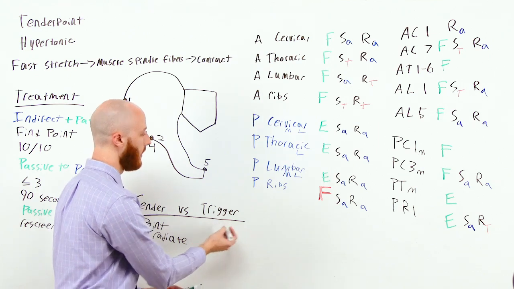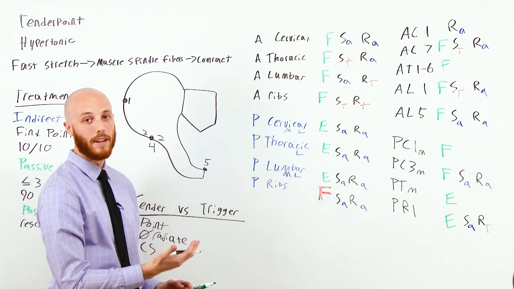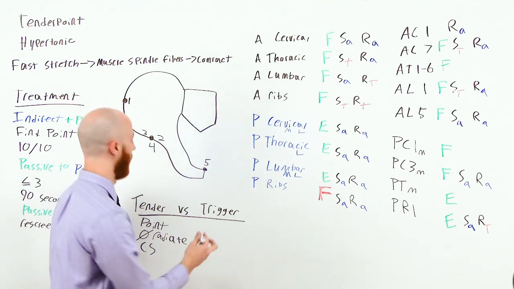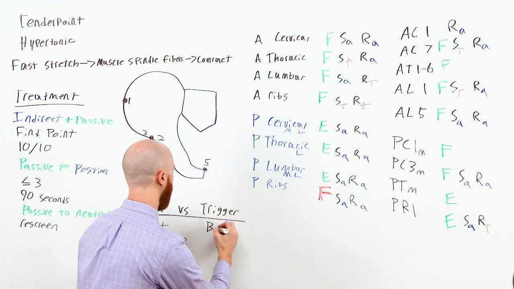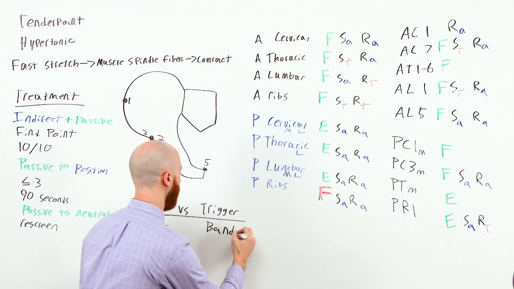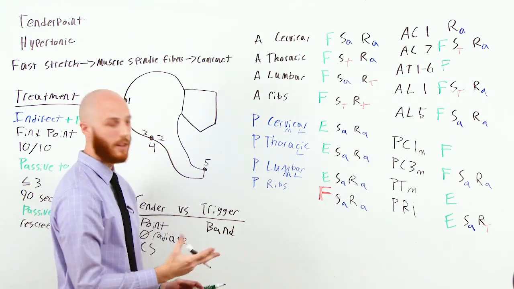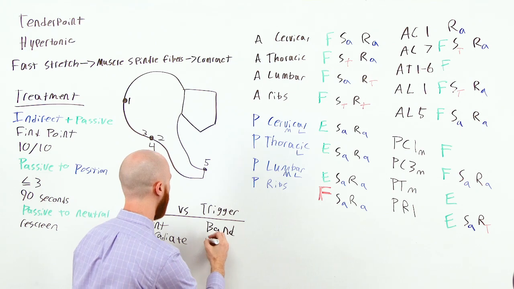A trigger point, which you should be calling a trigger band so that you don't confuse the two with one another, isn't a singular point, but it's an entire band that's tight. And when you poke on this band, the pain will radiate.